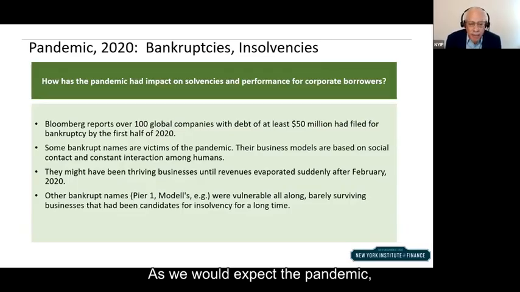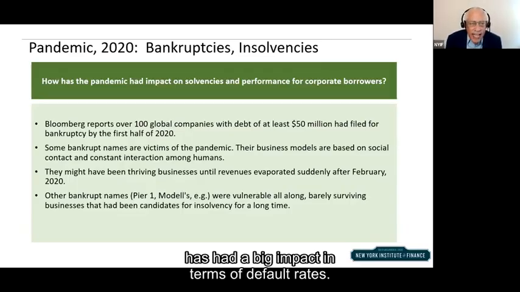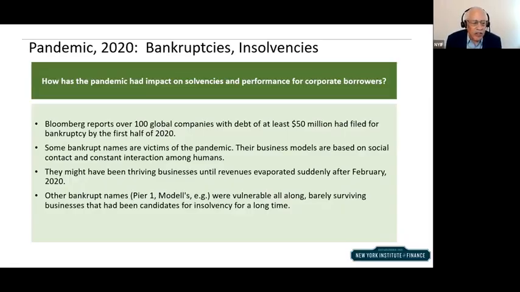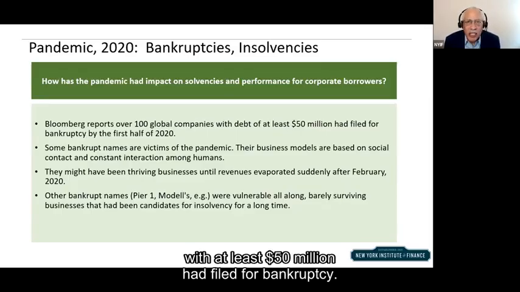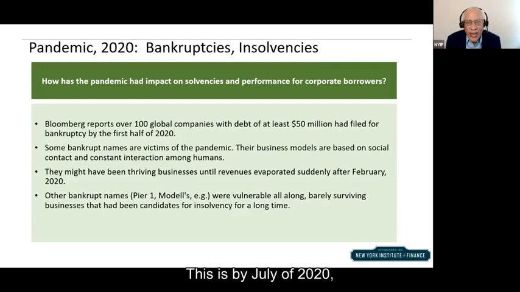As we would expect, the pandemic has had a big impact in terms of default rates. By the time we got to the middle of the pandemic in mid-year 2020, there were reports that over 100 companies around the globe with at least $50 million in debt had filed for bankruptcy. This is by July of 2020.